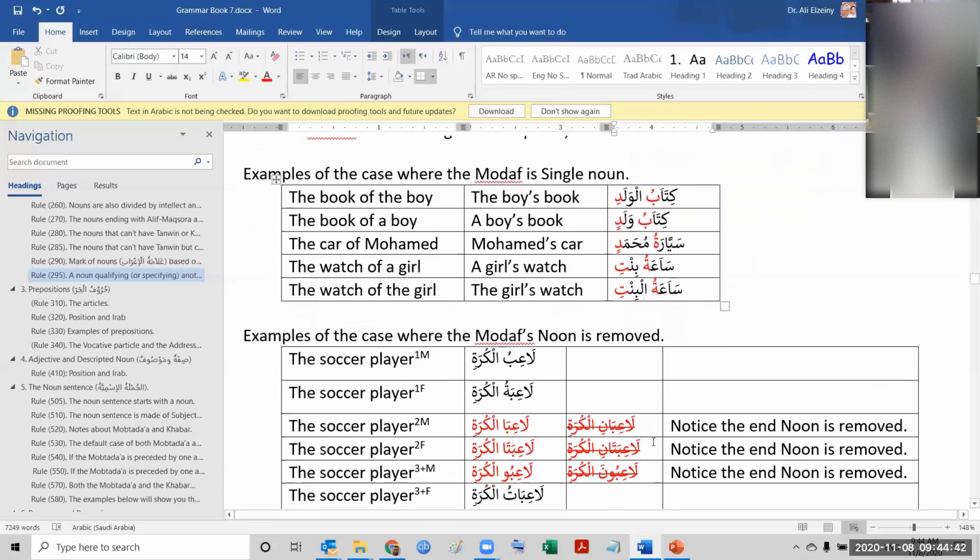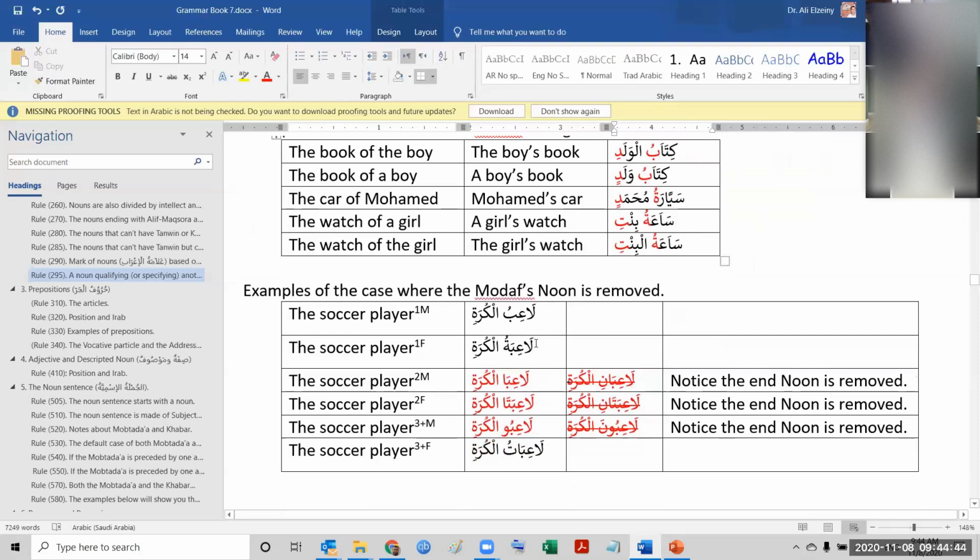Now, sometimes the mudaf ilayh noun is removed. If we watch a soccer player, where the player is one male, then we say la'ibul kurati. The la'ib is player, kura is ball or soccer. So la'ib al-kura.